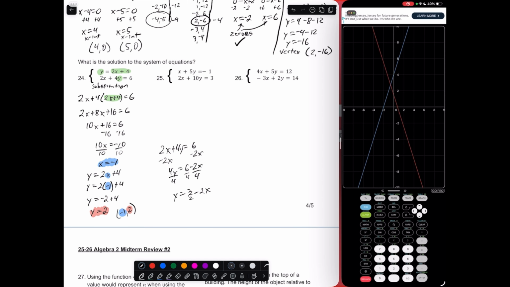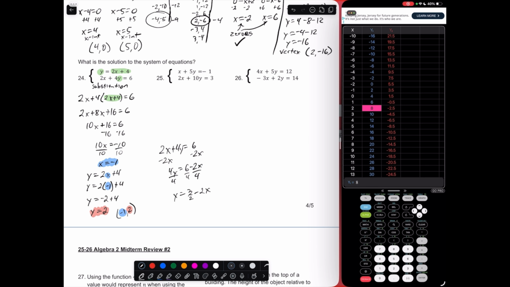Oh, no, we did something wrong here. 2 times negative 2 plus 4. So these cross at, what do we do here? Where are they the same? Negative 1. Oh, did something wrong here. 6 over 4 would be 3 over 2.